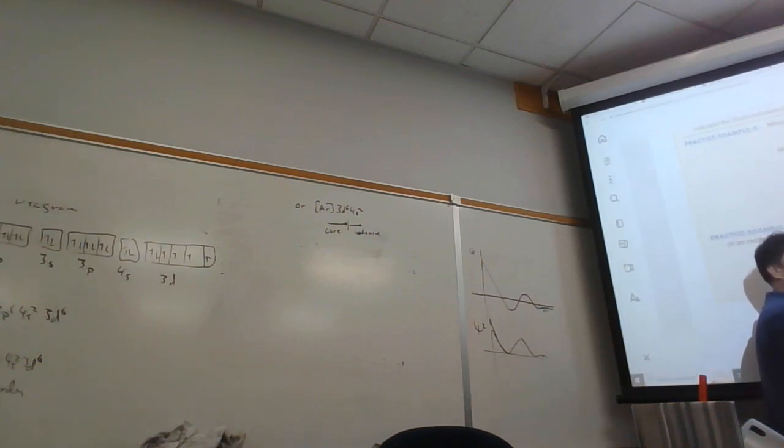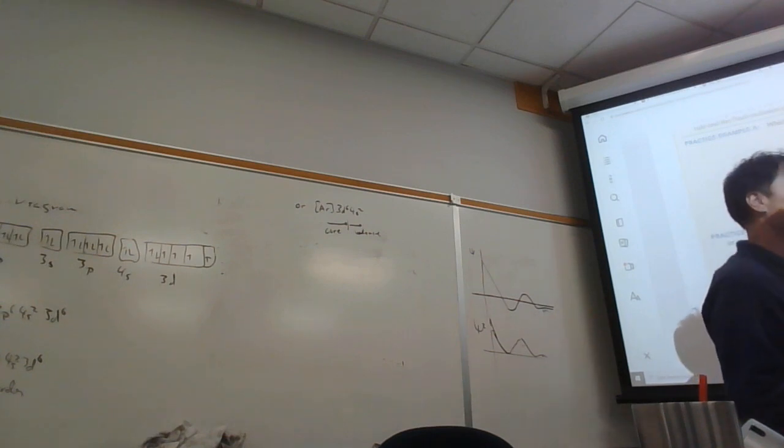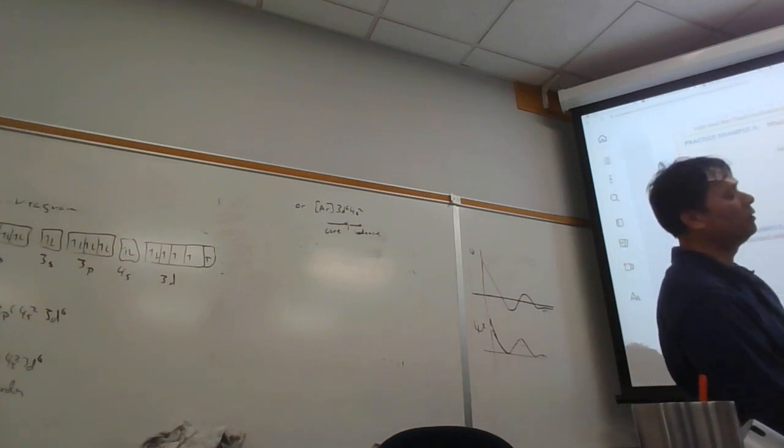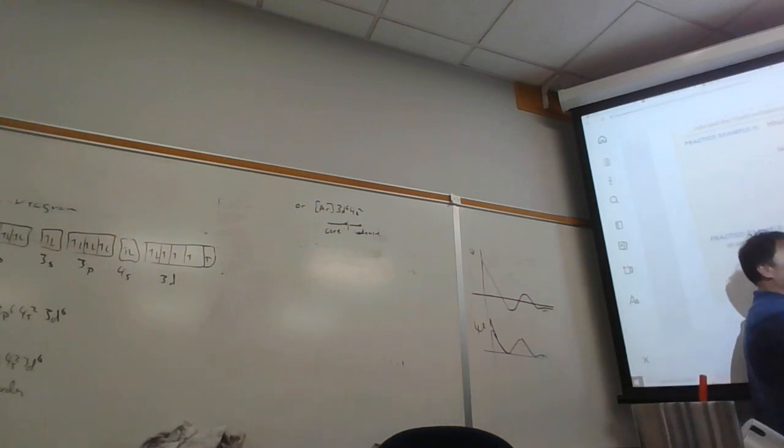Does this violate Pauli? No. We know Aufbau, ground state. Well, everything I've been talking about is for the ground state so far. But this one violates Hund's rule, right?